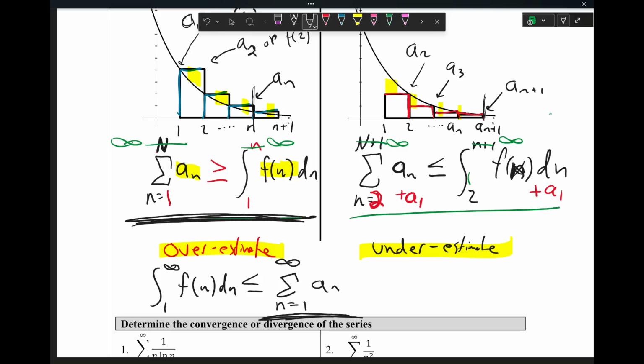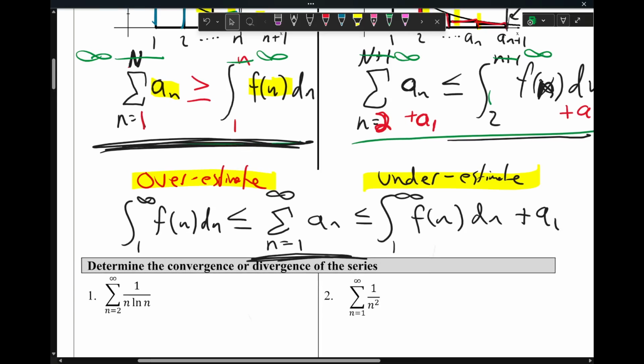And then over here, this infinite series was less than or equal to, and again, it doesn't matter if this is 1 or 2. I'm going to put it as 1 because I want you to see that these are all the same. 1 to infinity of f of n dn plus the first term. Remember, I added the first term there.